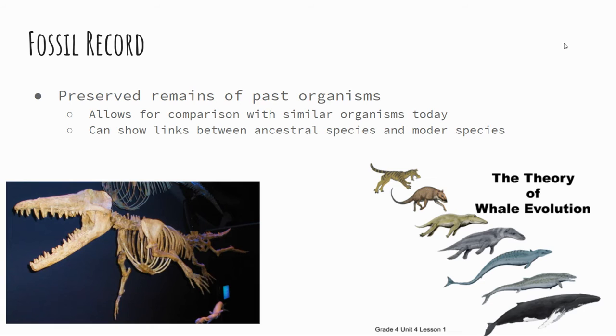Okay, so this shows links between ancestral species and modern species. So, of course, when you think of fossils, you automatically go to dinosaurs, and while that is correct, there's still a lot of other fossil records that are used to show how organisms and populations and species have changed over millions and millions of years.